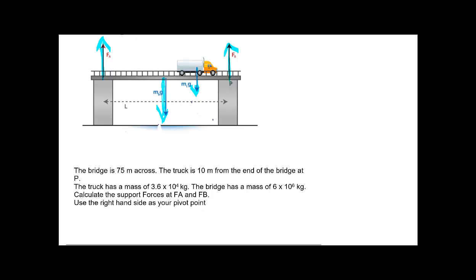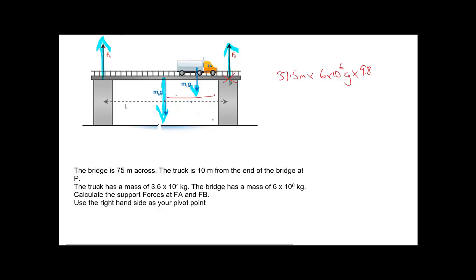You can choose either point, but I think this is an easier point to choose as a pivot. We've got the weight force going from this distance across. So how long is the bridge? It's 75 meters, so 75 divided in half is 37.5 meters, times the weight force of the bridge, which is 6 times 10 to the 6 kg, times 9.8.